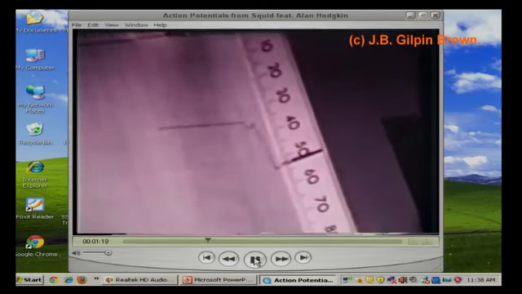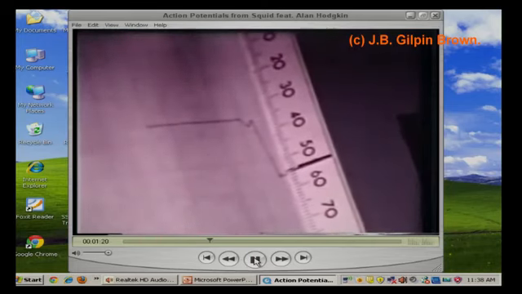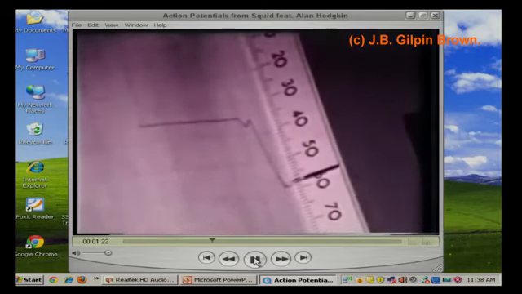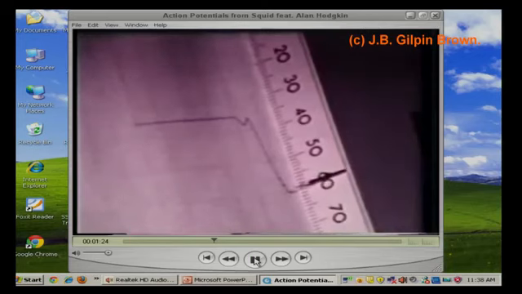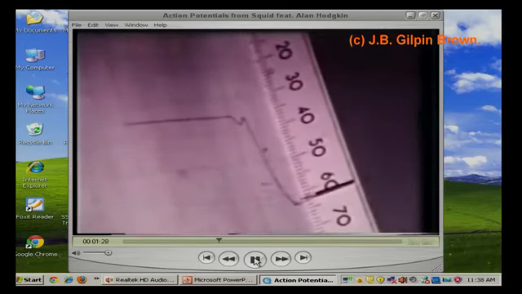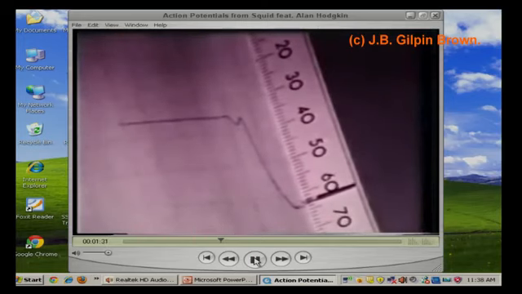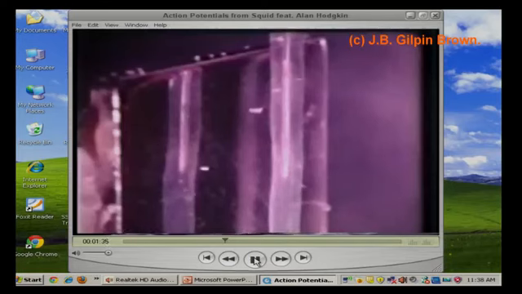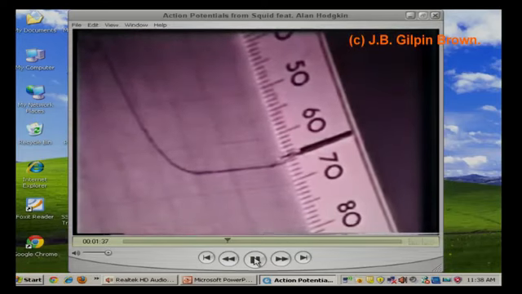Hodgkin and Huxley found that as the electrode entered the axon, a negative potential with respect to the external seawater of about 65 millivolts was obtained. This was the resting potential of the axon, and although its existence had long been suspected, this was the first time it had been directly measured.